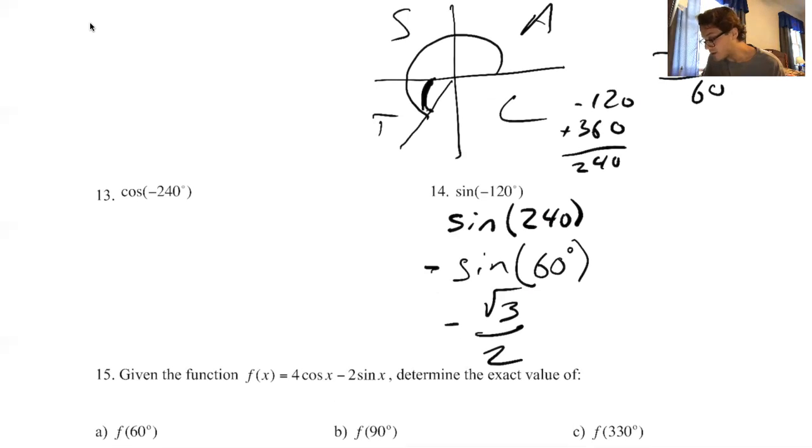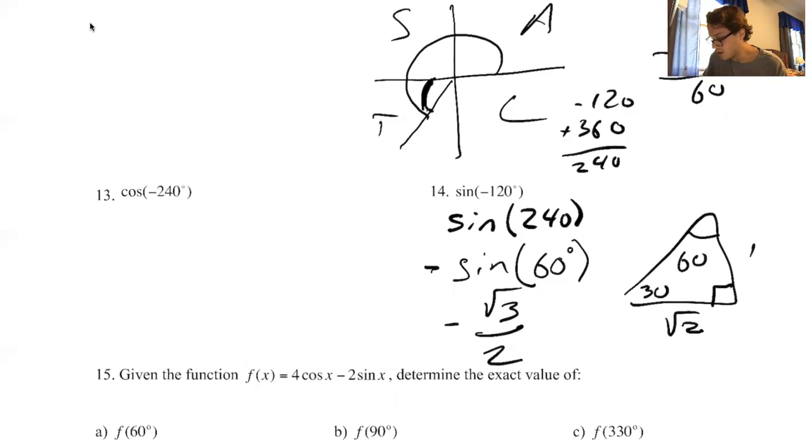But as a recap, if that's our 60-degree angle and this is our 30-degree angle in our 30, 60, 90 right triangle, the sides have this relationship. So sine here is opposite over hypotenuse, so we just have radical 3 over 2 in that case.